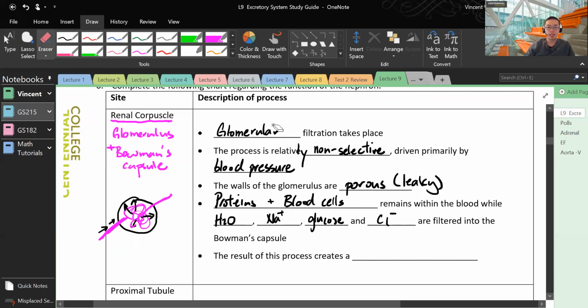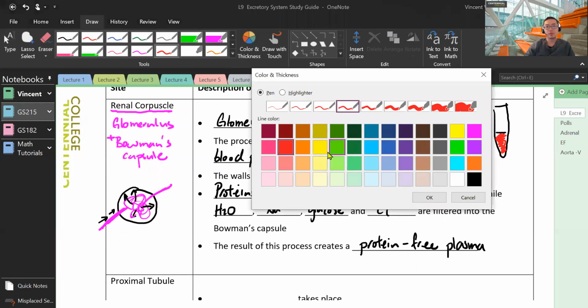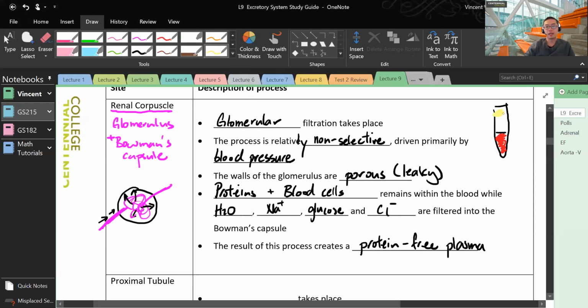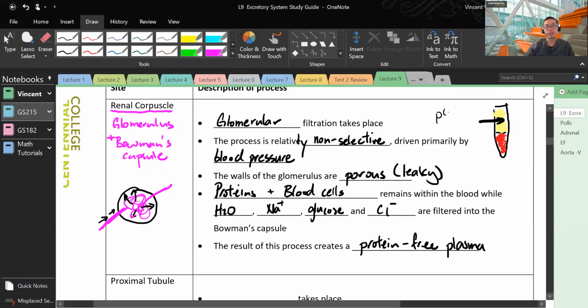So the result of this process creates a protein-free plasma. Okay, protein-free plasma. Remember, if you take blood and you spin it down, you will have the hematocrit at the bottom, and you will have the plasma at the top, right? This is the plasma. We learned that a long time ago.